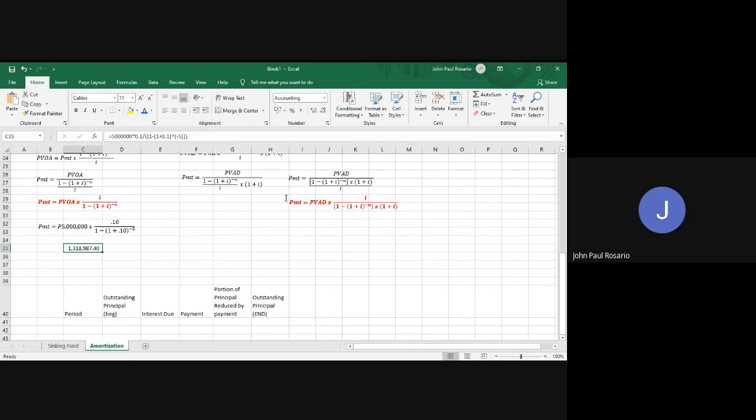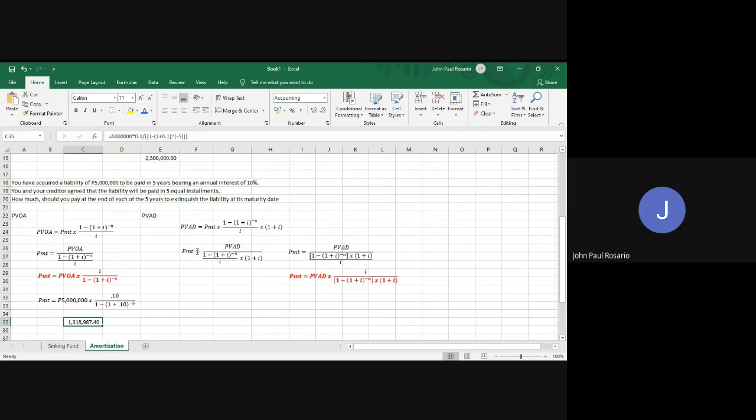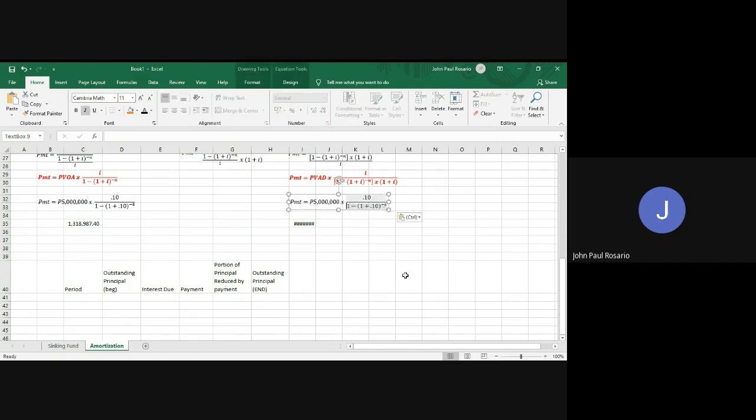Now, what if instead of the end of each year, the payments will be made at the beginning of each year? We just have to copy this formula, add a bracket here, and then multiply by 1 plus 0.10.